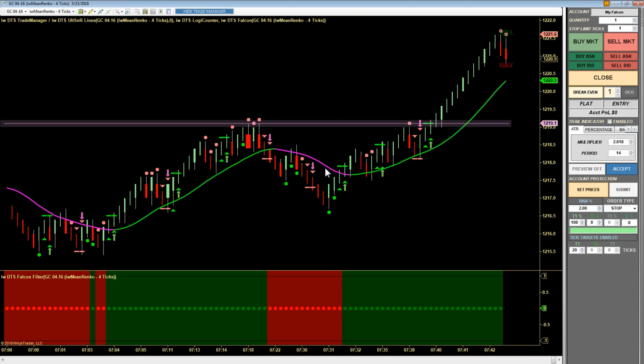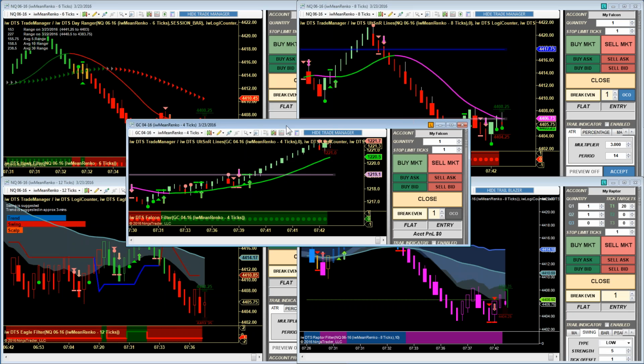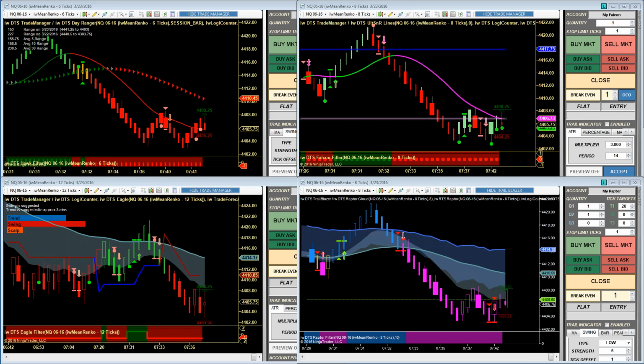This one's practically textbook, by the way. We go from red to green. We have this little up, down, up pattern. Print our signal, and away they go. That's ideal. Exactly what you're seeing there. So very clean signal out of the gold market.